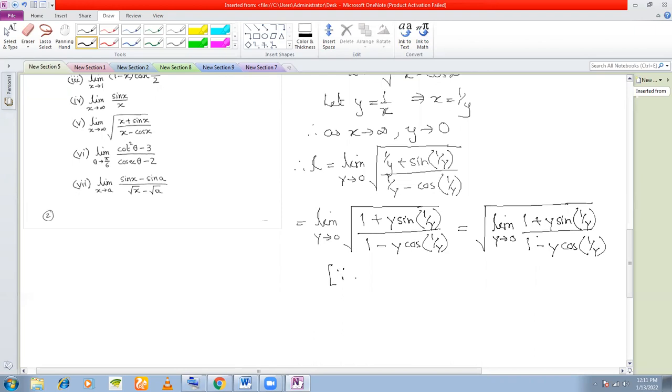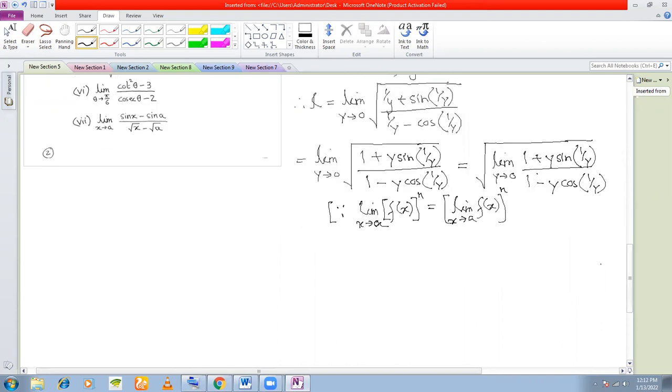You know that limit x tends to a, f(x) to the power of n is equal to limit x tends to a, f(x) whole to the power of n. Here n is half, isn't it? Because it is a square root. So therefore limit can enter the radical. Yes, sir. That is why the limit has entered the radical.